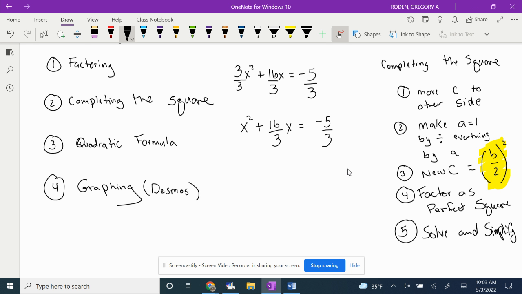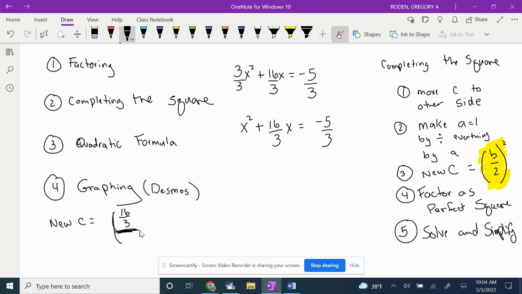Now, our new C, I'm going to do it off to the side down here. In this step, you're going to add this new C to both sides. I didn't say that, but we're going to add that new C to both sides, and I'll show you what we're going to do. So we're going to take B. What is B now that A is 1? 16 over 3. We're going to take 16 over 3 and divide it by 2.